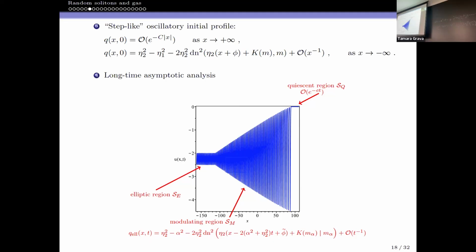It's an oscillatory step, and in between, I don't know what it is. This is the limit of this infinite soliton gas, the way I'm taking it. There are many ways to take an infinite soliton gas, so this is the way I'm getting to it.